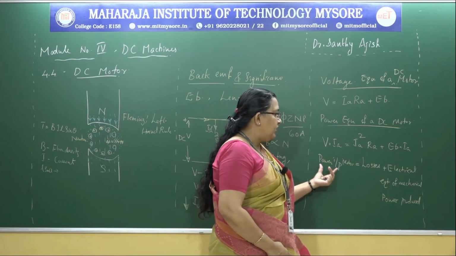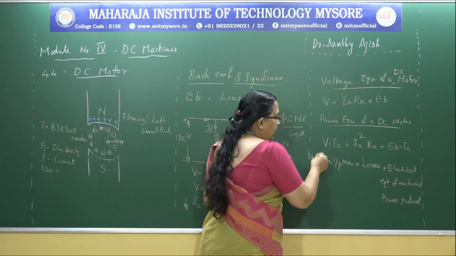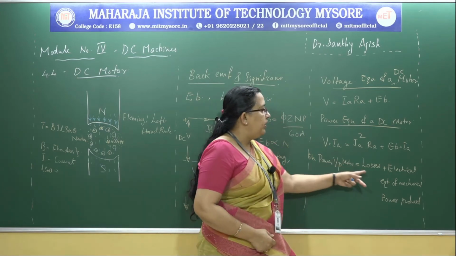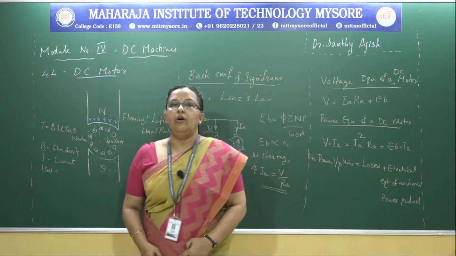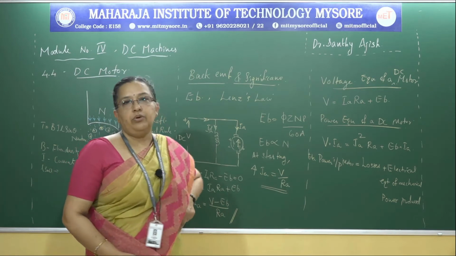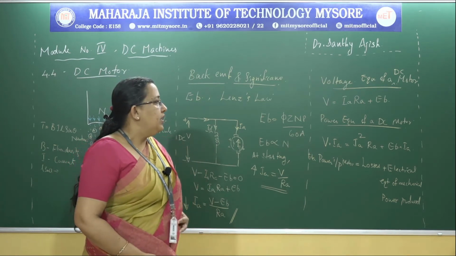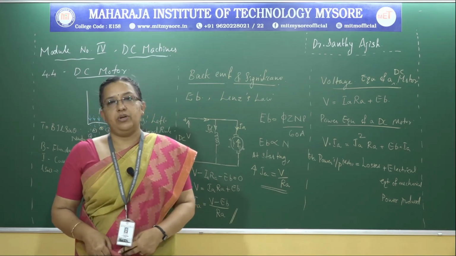So V into IA is the electrical power input to the motor, which is equal to losses plus the electrical equivalent of the mechanical power produced by the motor. That is known as the power equation of a DC motor.